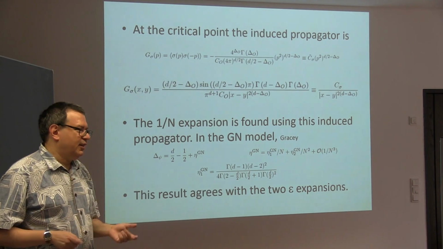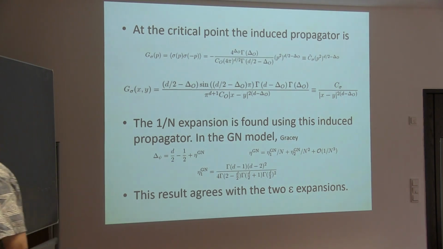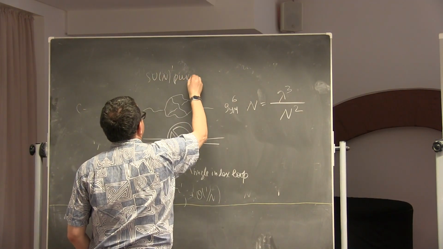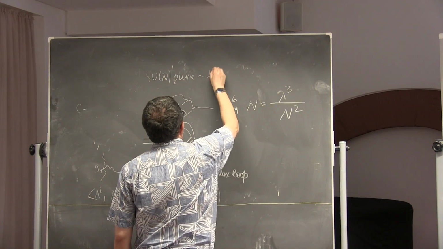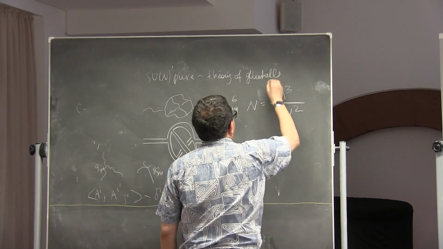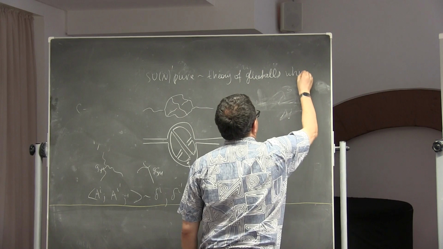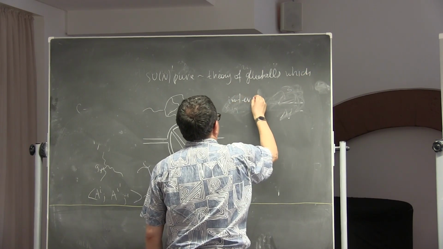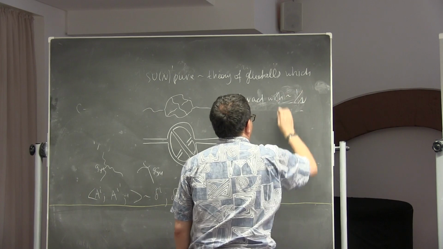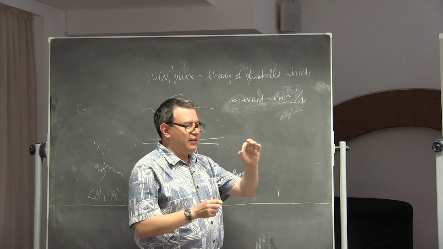One thing that I will mention next time is that one outcome of 't Hooft's investigation was that pure glue SU(N) theory is a theory of weakly coupled glueballs, which interact with strength 1 over N. A glueball is like a ring of glue, like a flux line.